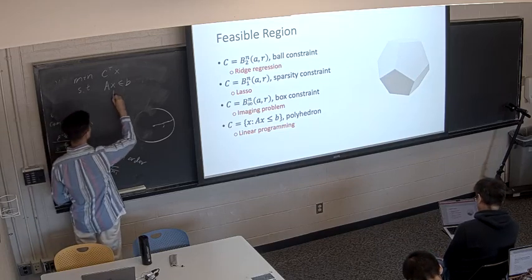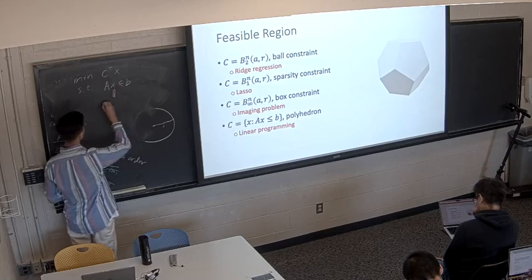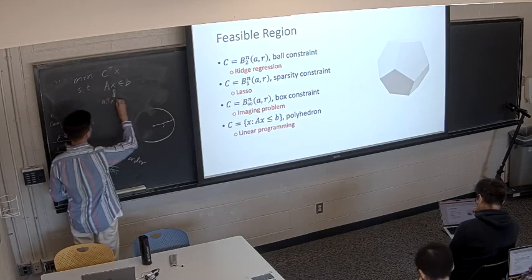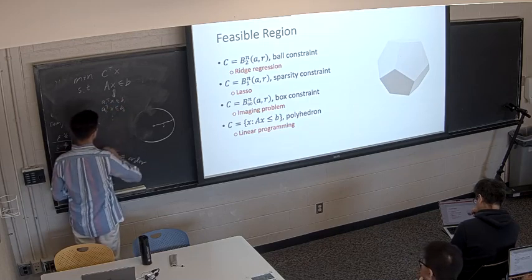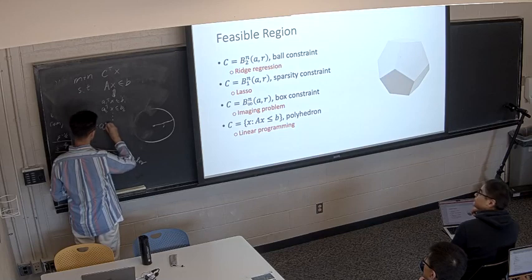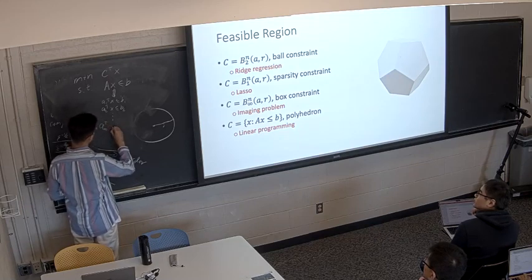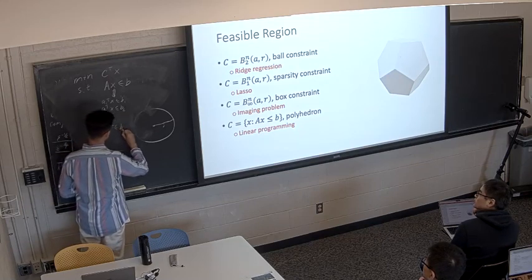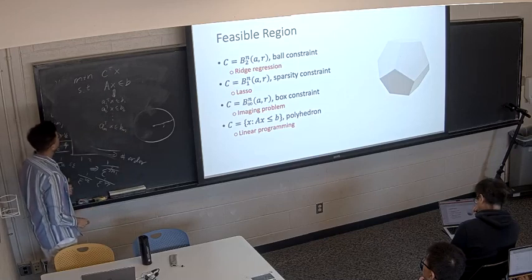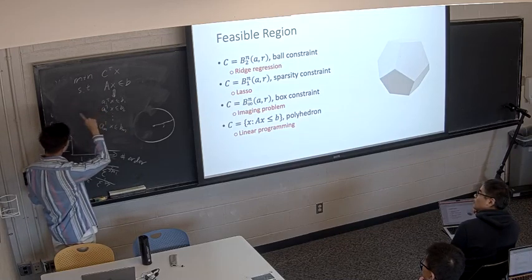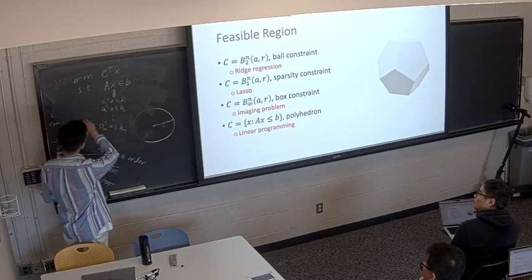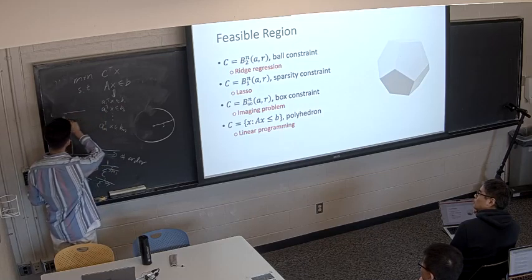So this can be equivalently written as a1 transpose x less than or equal to b1, a2 transpose x less than or equal to b2, and so on up to am.